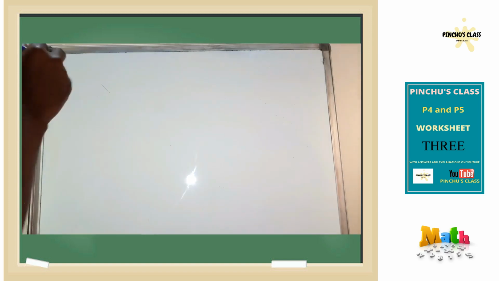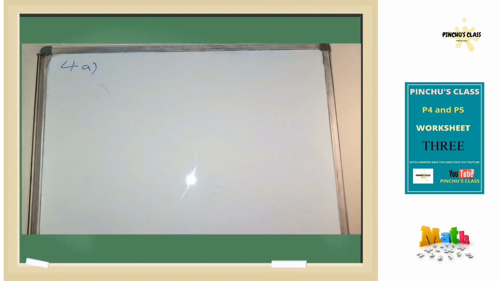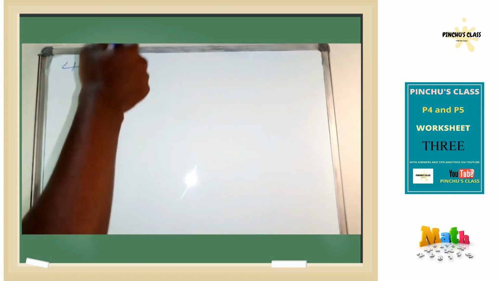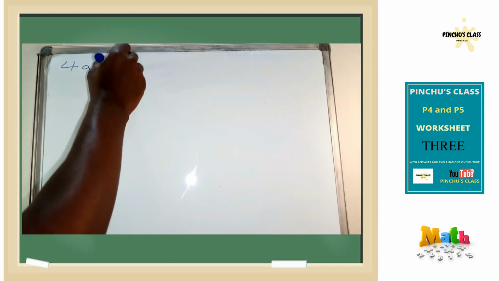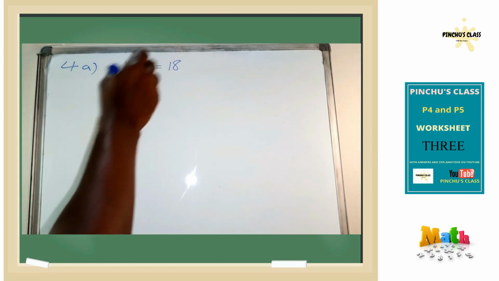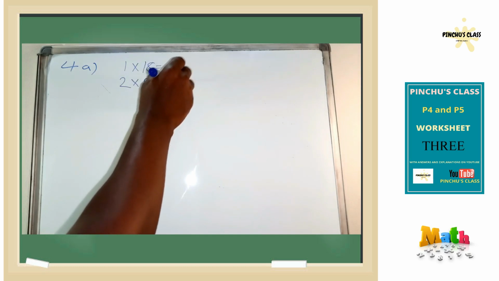Okay, number 4A. They have told us to list down all the factors of 18. So what we do, we look at those numbers that, when you multiply them, give you an answer of 18. The first one is 1 times 18 gives us 18, and then 2 times 9 gives us 18.